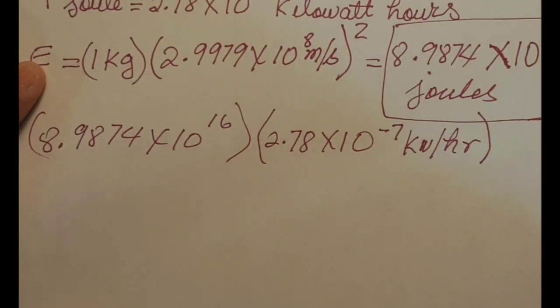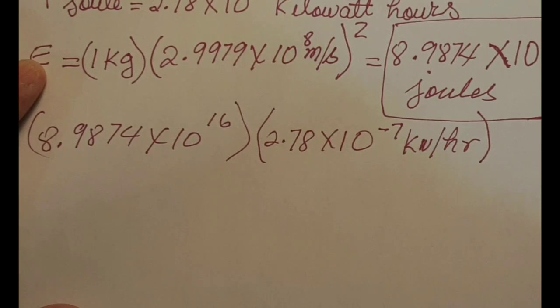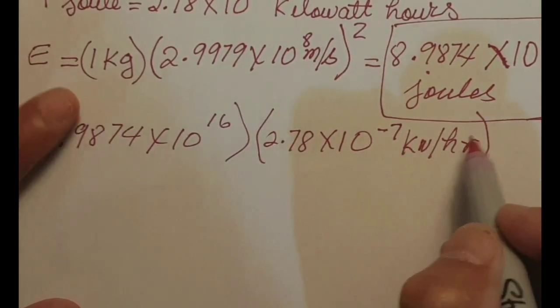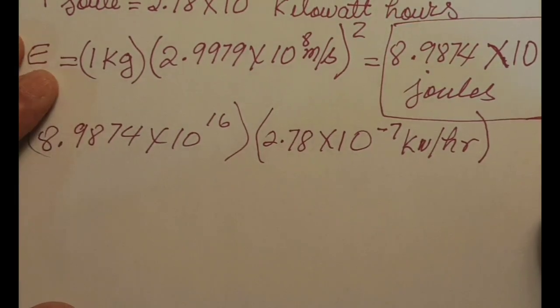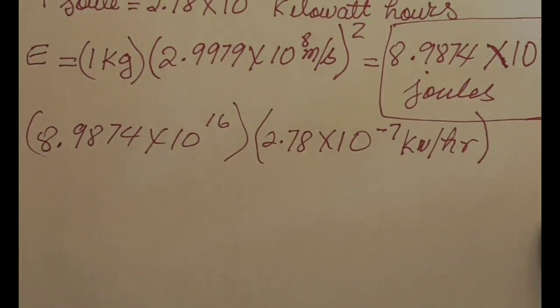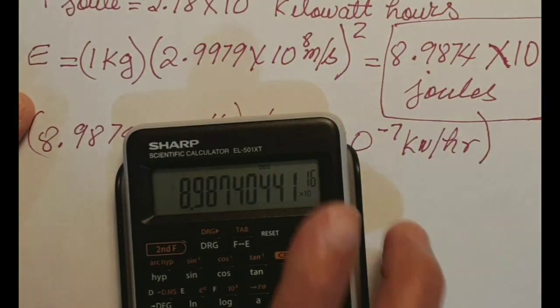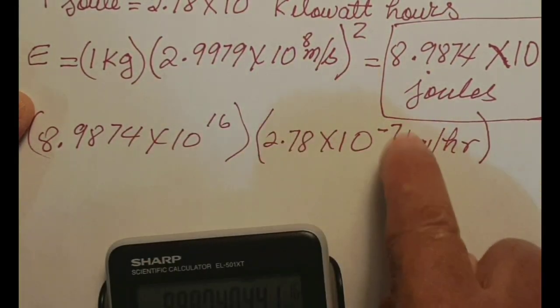Whenever the person who comes to your house to measure your electricity or power, he has to convert it into kilowatt hour in order to be taxable, in order to be paid. That's what they do.